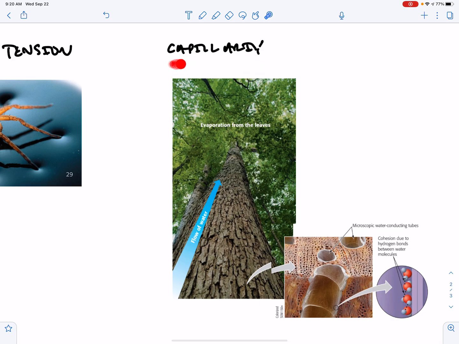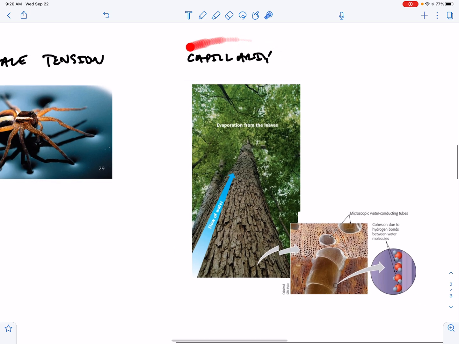It's a tiny little tube that's allowing blood to flow through it, and capillaries are what's connecting your arteries to your veins. So they're tiny little tubes in your body, and a tree also has tiny little capillaries, little microscopic water conducting tubes called the xylem.